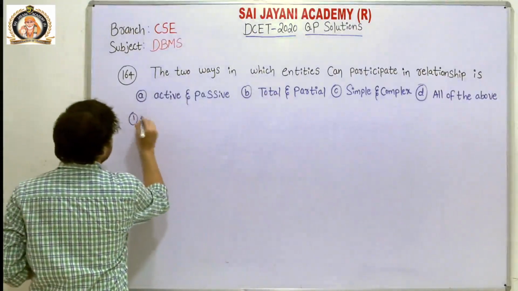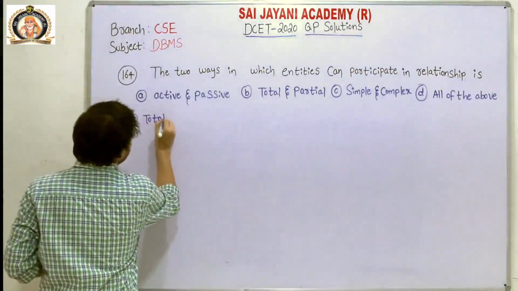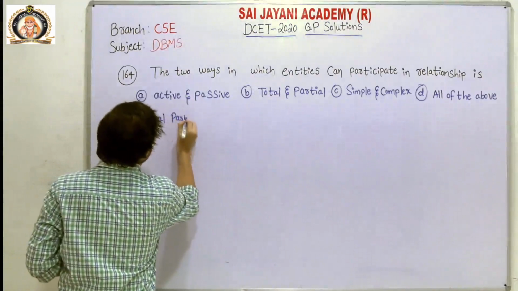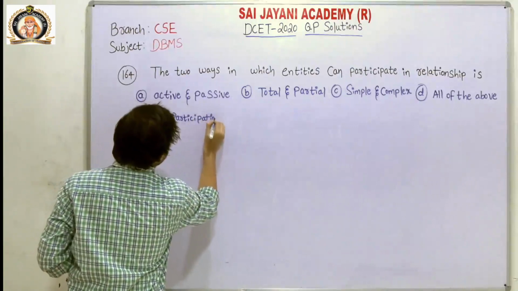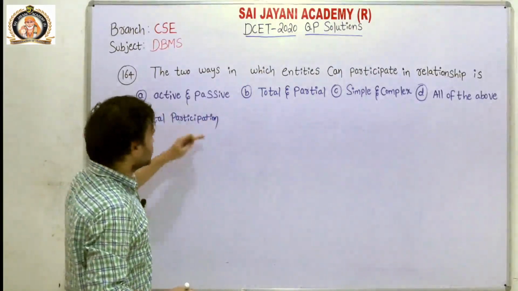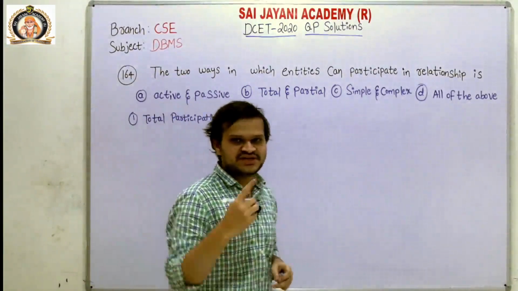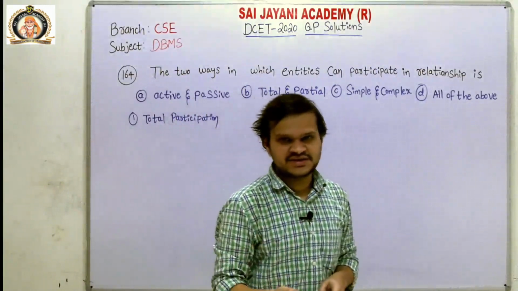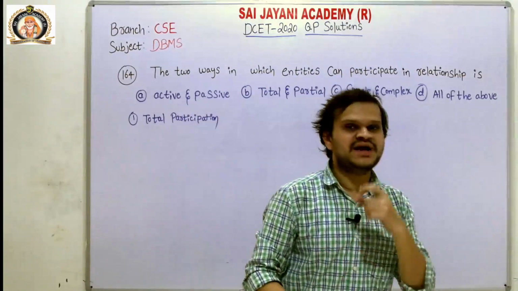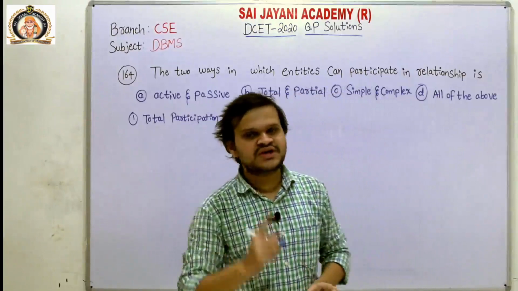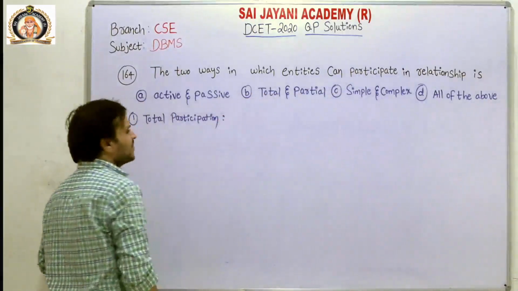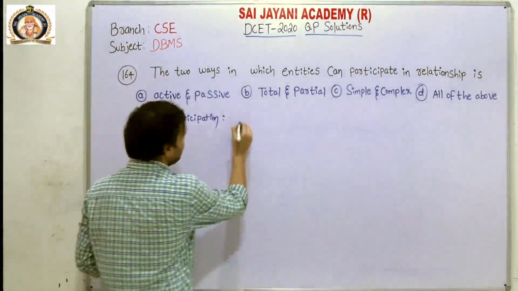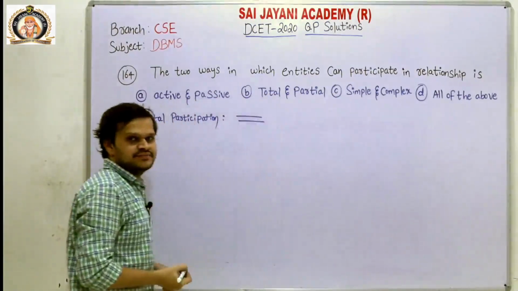The first one is called as total participation. In total participation, each entity in entity set must compulsorily participate in at least one relationship, and this total participation is indicated by double line.